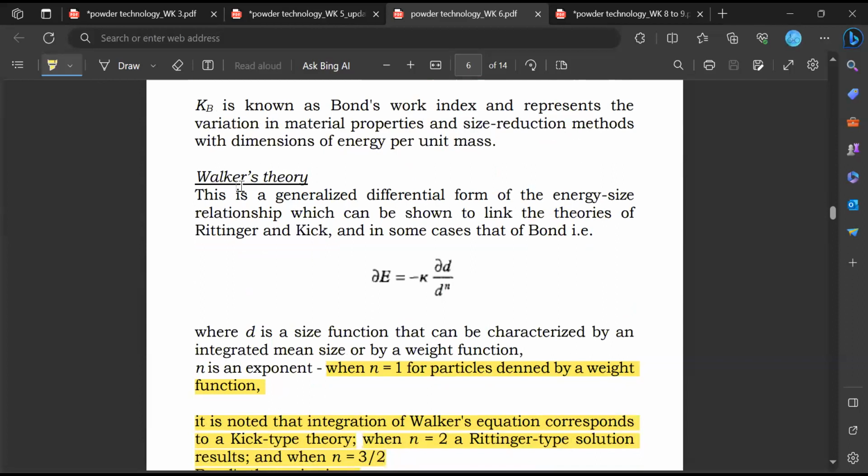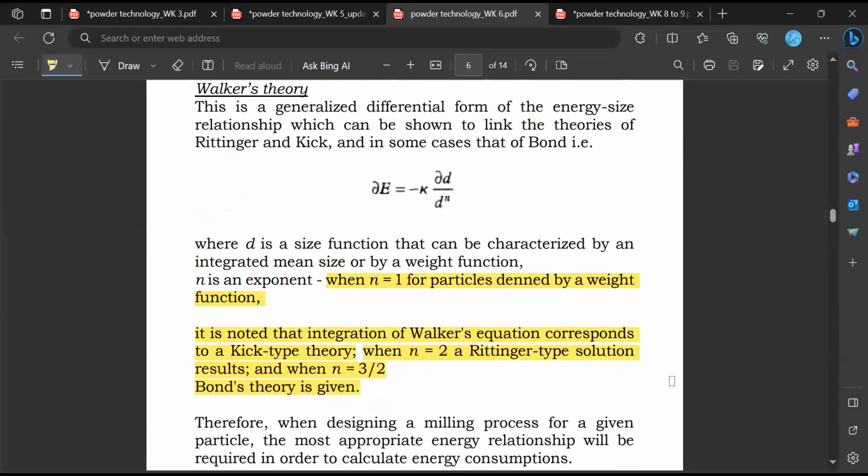Then Walker's theory is a combination of all three theories, mostly Rittinger's and Kick's theory, and in some cases with Bond's theory. So in this equation, we can see this n over here, which is like a constant. When n is equal to 1, it will be Kick's theory.